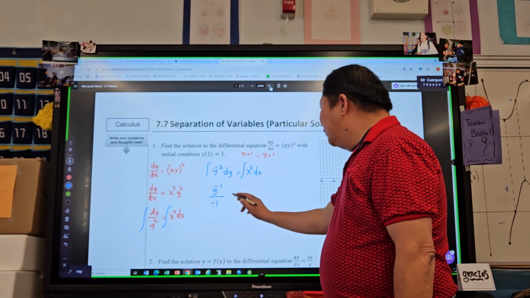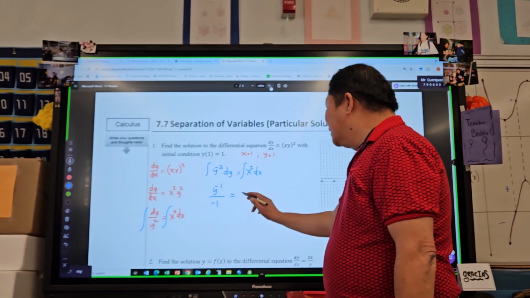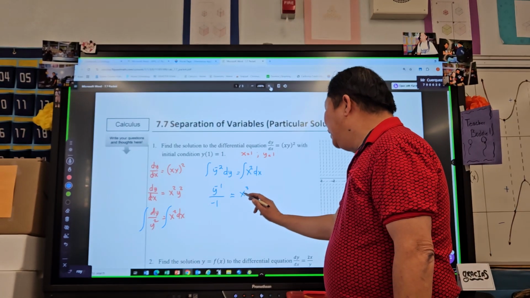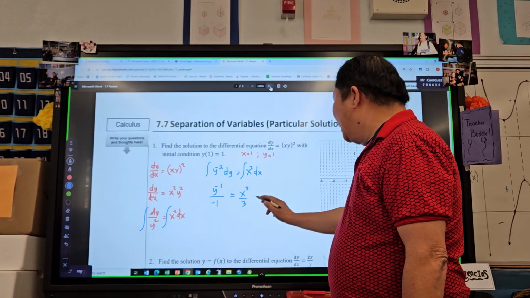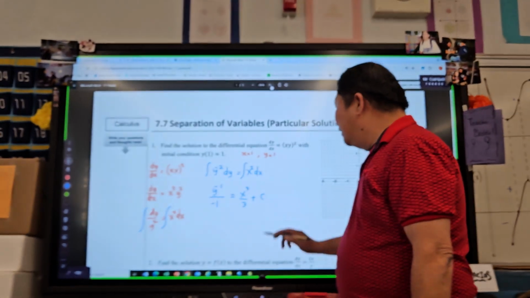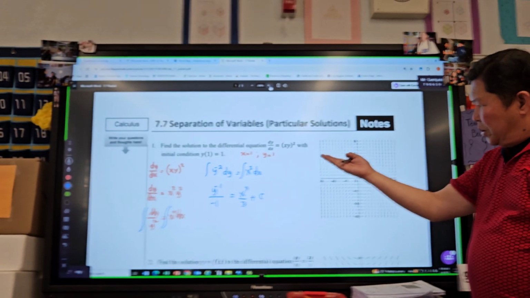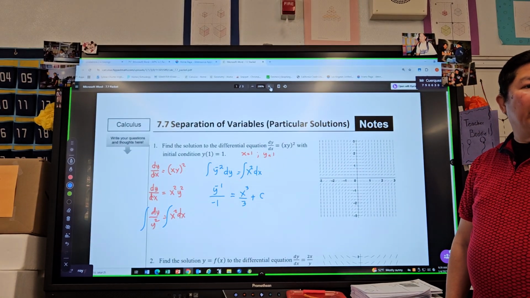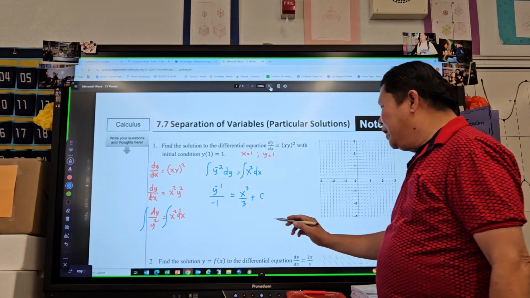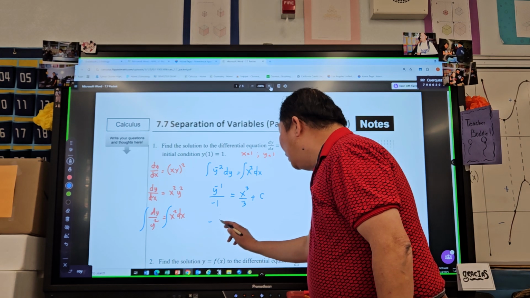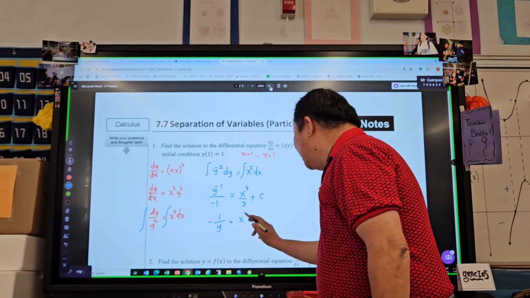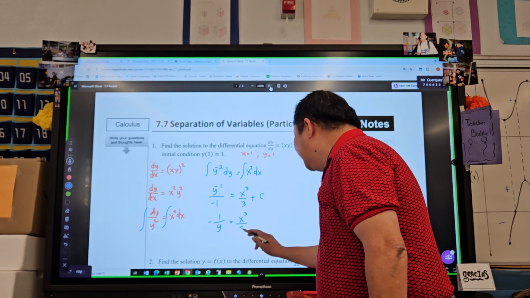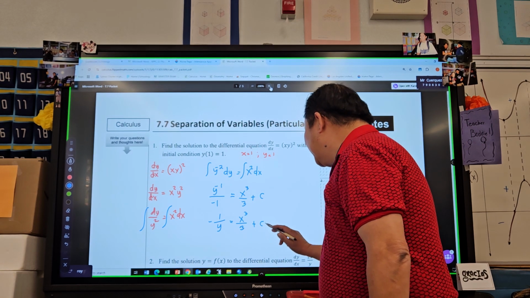Next, x to the power of 3 over 3, then plus the constant. Bring down the y first. So negative 1 over y equals x cubed over 3 plus the constant.